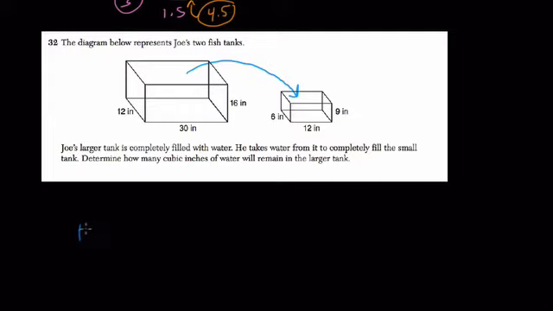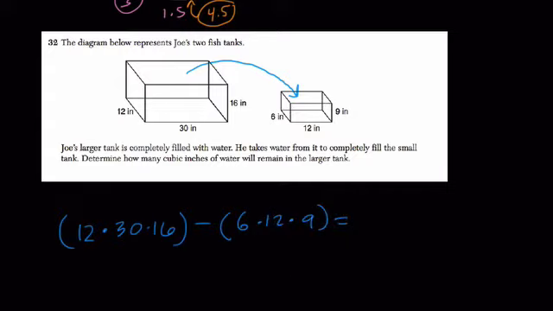So first we have the larger tank, which has a volume of 12 by 30 by 16, and we're subtracting the 6 by 12 by 9 tank from that, and that will be the volume left in the larger tank.